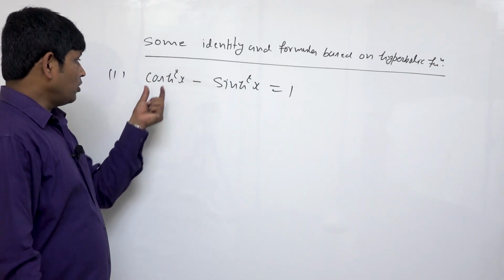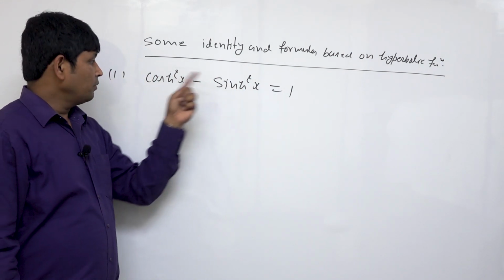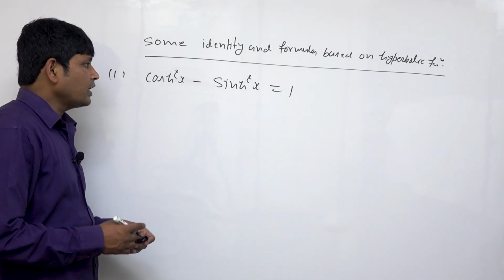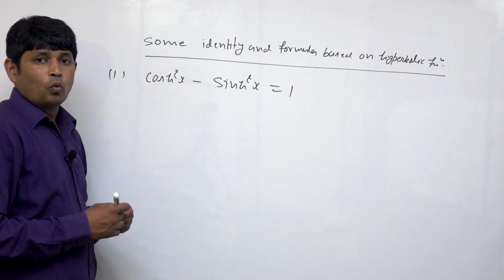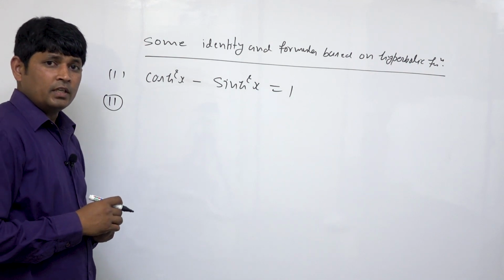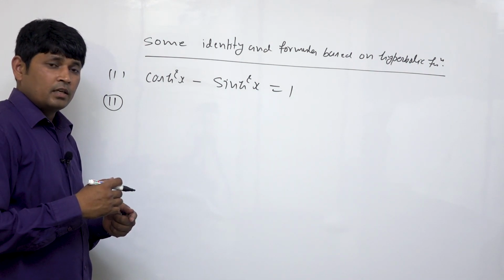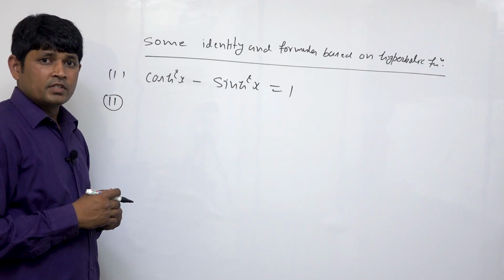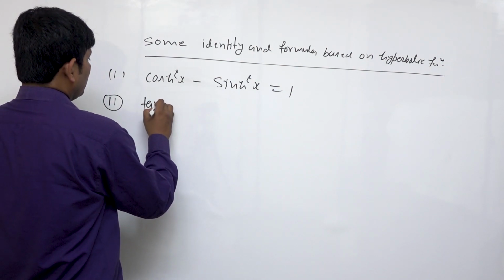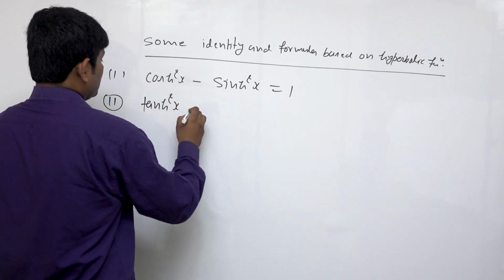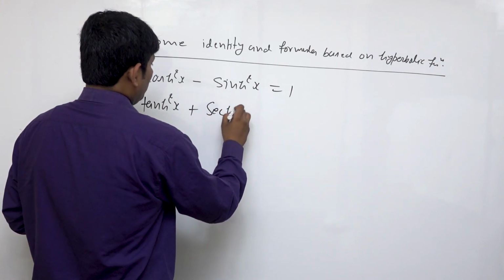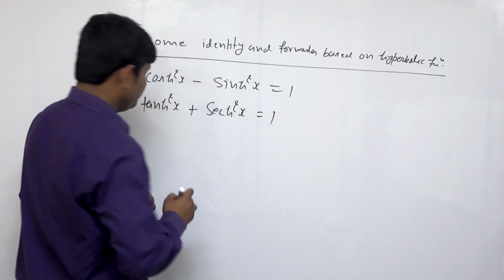Normally in trigonometry, cos squared x plus sin squared x is equal to 1, but here it is cosh squared x minus sinh squared x is equal to 1. Another, in the trigonometric function, is tan squared x minus sec squared x is equal to 1, but here it is tanh squared x plus sech squared x is equal to 1.